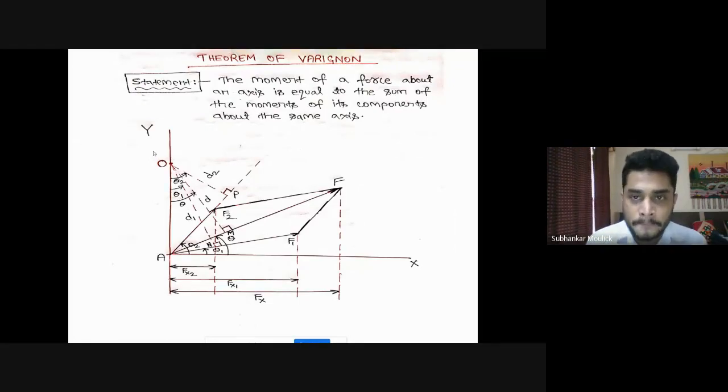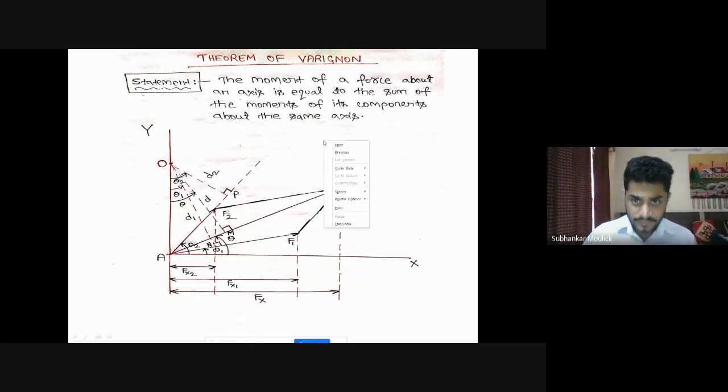According to this theorem, the moment of a force about an axis is equal to the sum of the moment of its components about the same axis. That means, assume that this is a body.